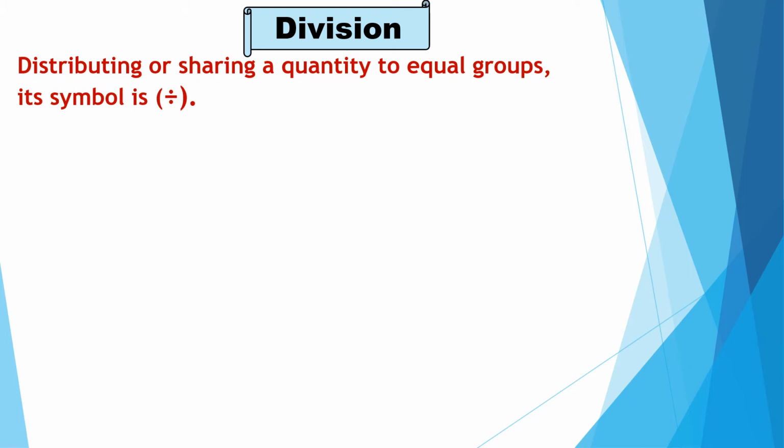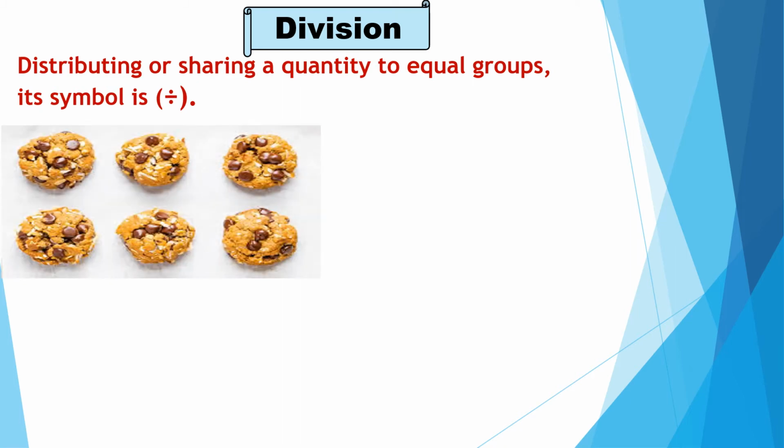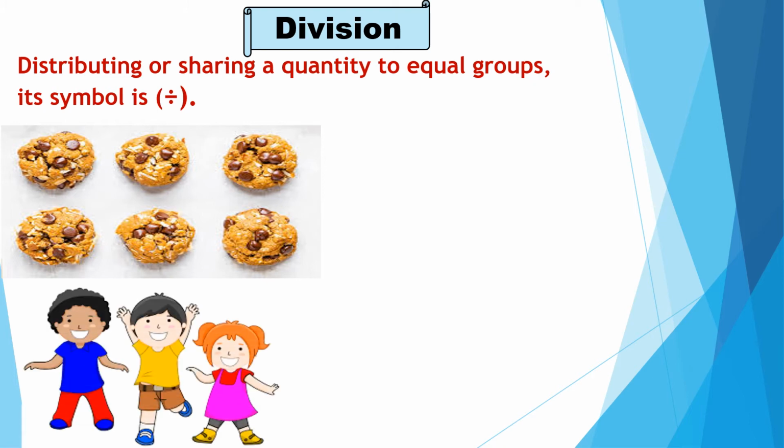We have here an example to know how to divide together. We have here 6 cookies, and we have 3 kids. These cookies, we want to distribute them equally.